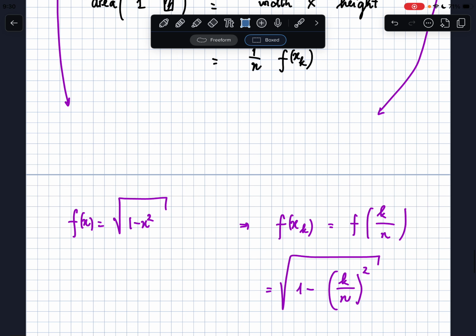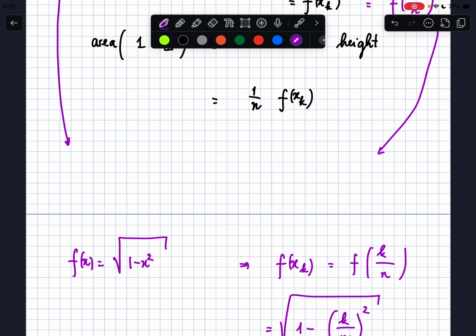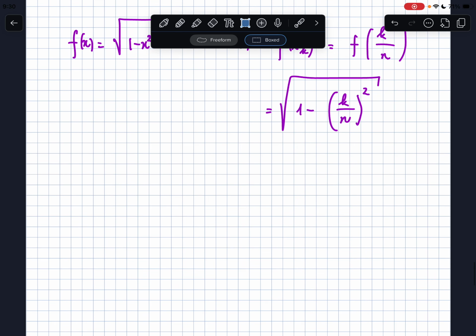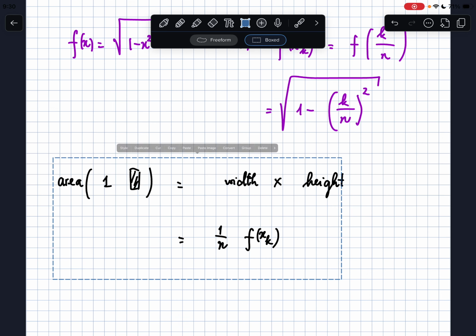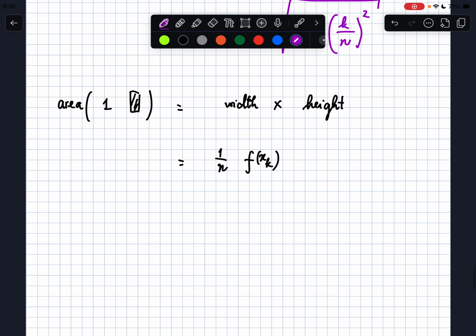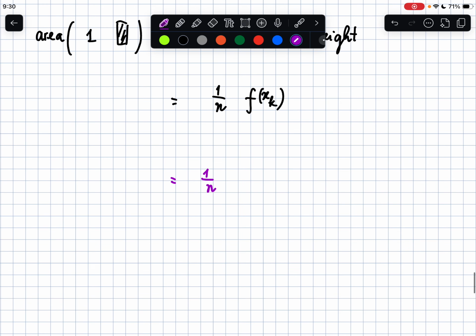So I put it here, the area of one rectangle will then be 1 over n multiplied by the square root of 1 minus k squared divided by n squared.